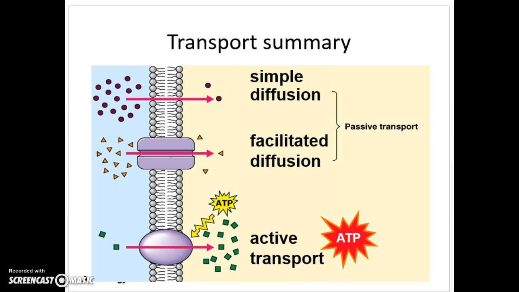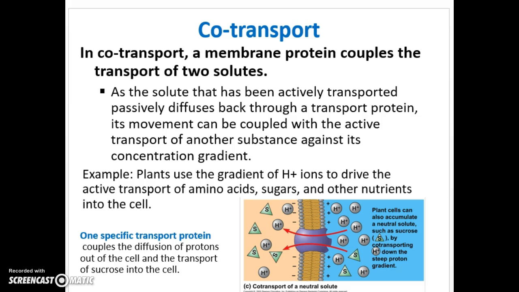This is a summary again of that slide we had before on the three different types, passive versus active transport. But what we haven't really talked a lot about so far is co-transport. In co-transport, a membrane protein couples the transport of two different solutes, two different molecules.